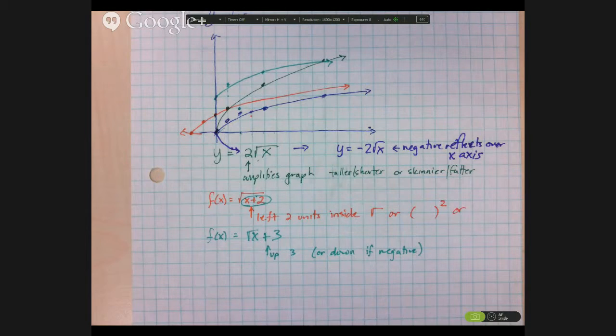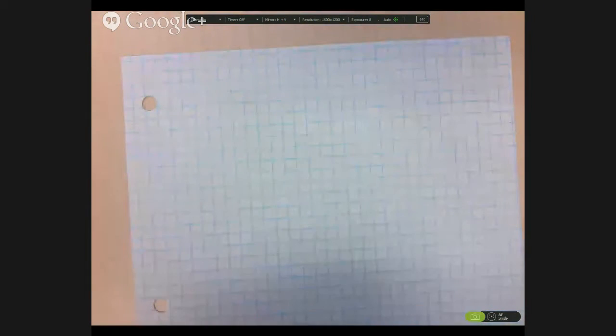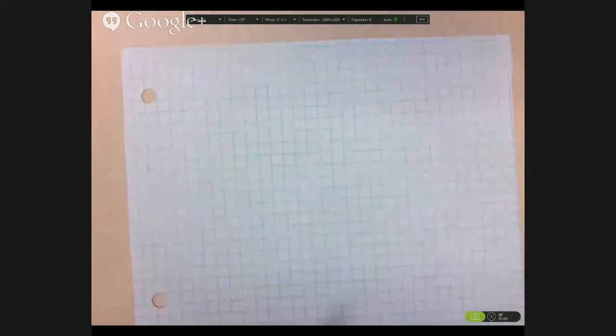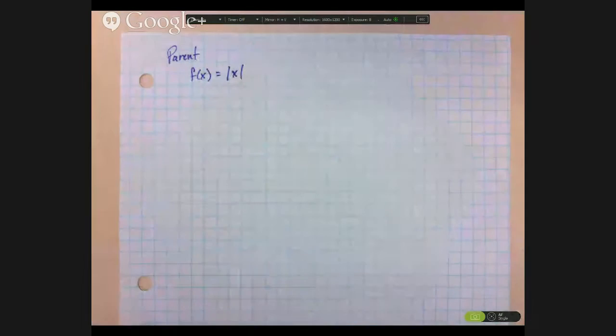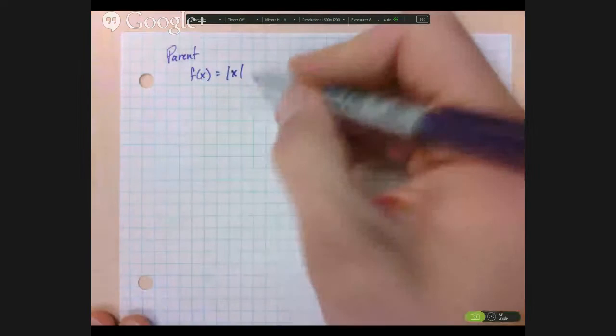You want me to do one you're a lot more familiar with? Sure. Okay. Quadratic, absolute value. Take your pick. Absolute value. Okay. You know how to graph the absolute value of x, right?